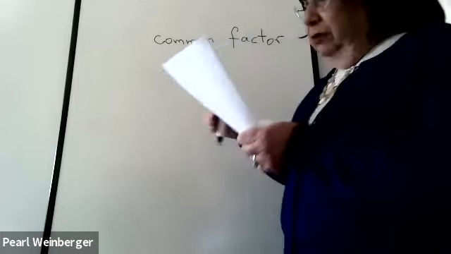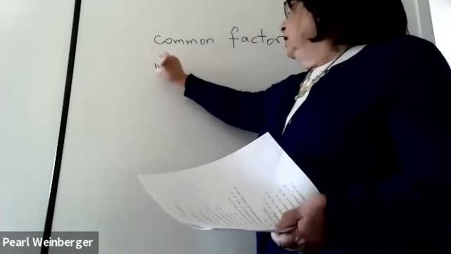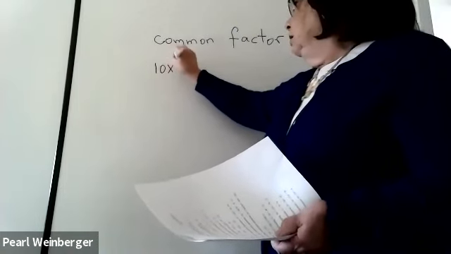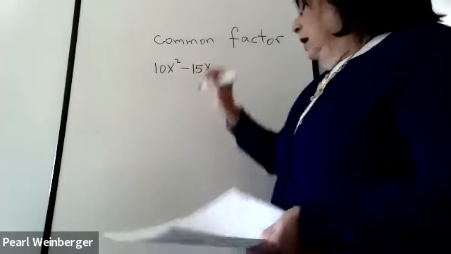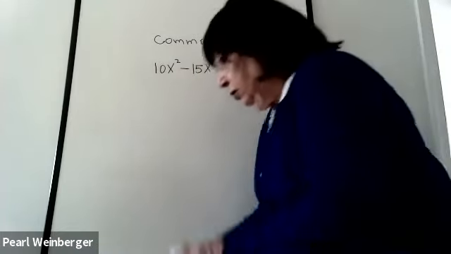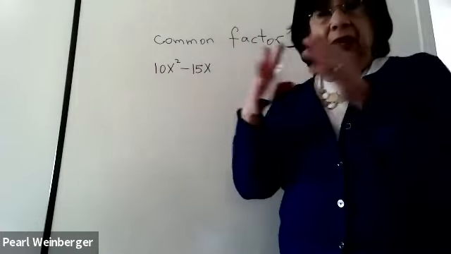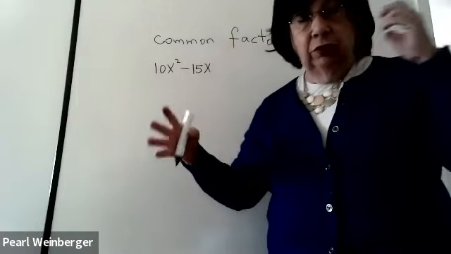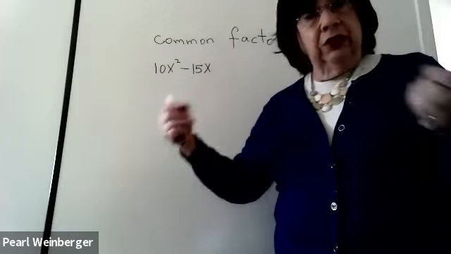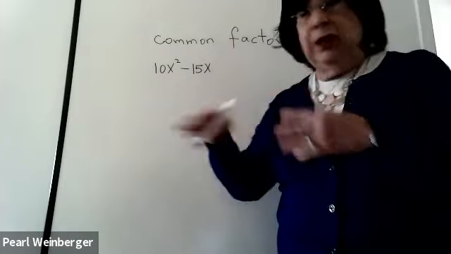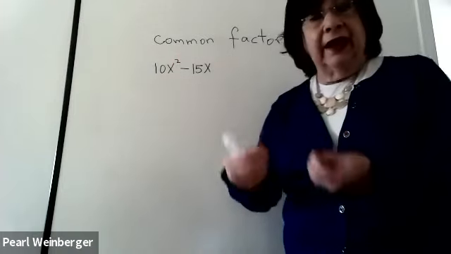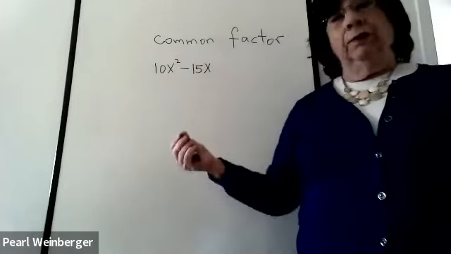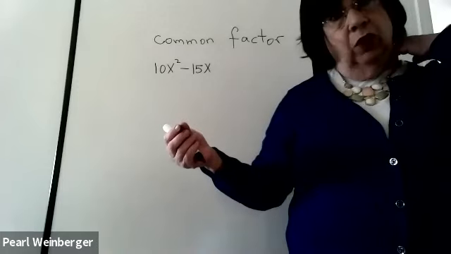I could start with something that looks like this: 10x squared minus 15x. When I'm factoring, I'm breaking it down to the 2 original expressions that, when I multiply them, will give me this answer. It's essentially like I have the answer and I'm going back to what was the question.